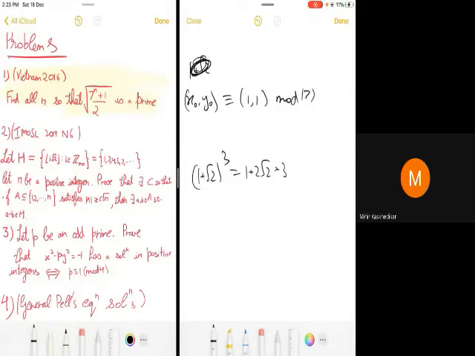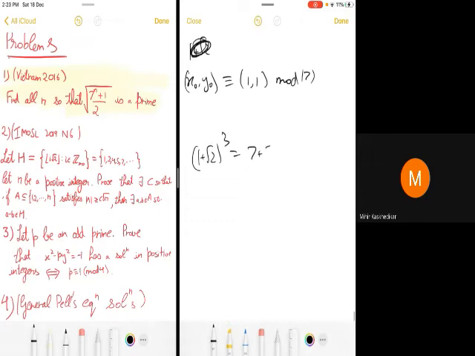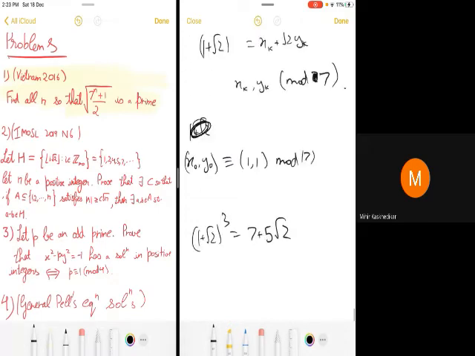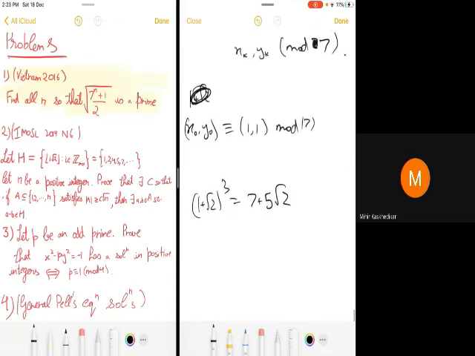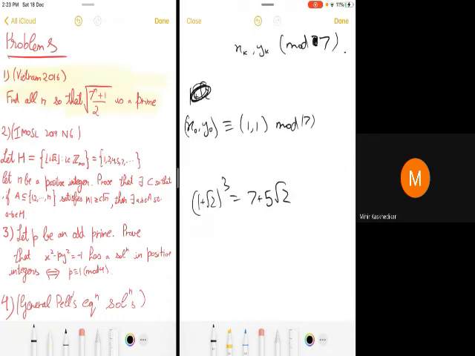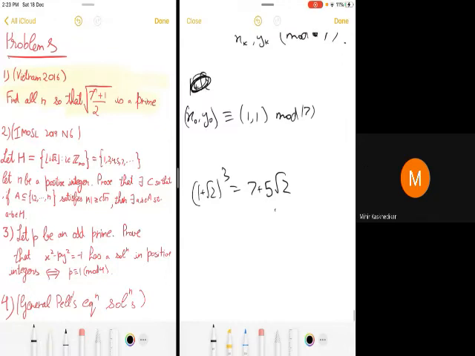You can calculate that this turns out to be 7 plus 5 root 2. So this is congruent to 0 and this is congruent to 5 modulo 7. So x1, y1 is 0, 5 modulo 7.